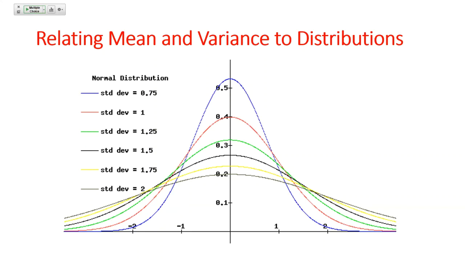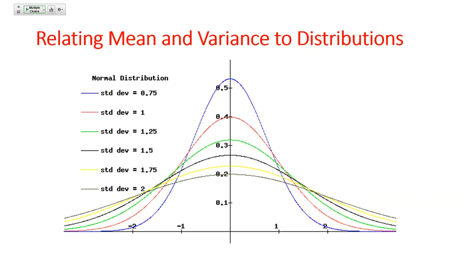Okay. Then I have a second distribution. Its mean is also 50, but its variance is higher. If it has a higher variance, that means the data is more spread out. The average deviation from the mean is much larger.